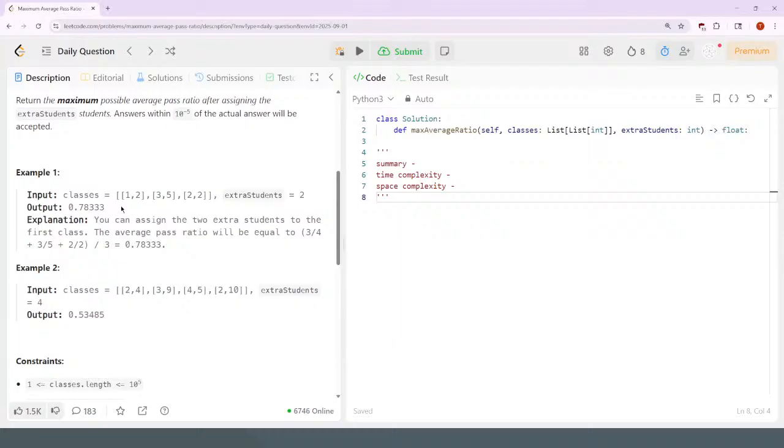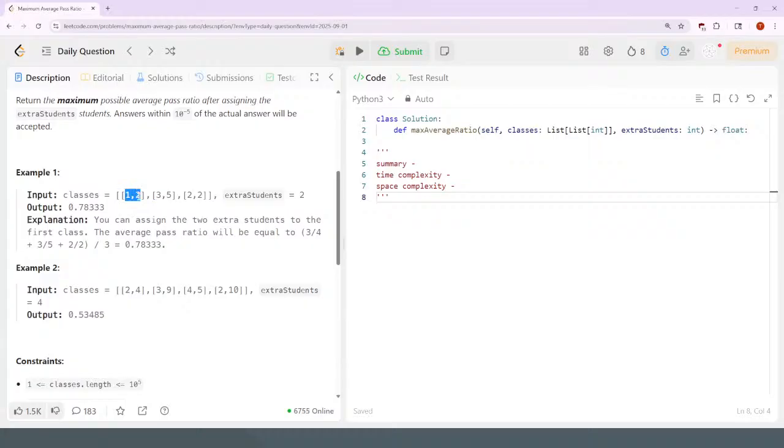Okay, so classes are [1,2], [3,5], [2,2], extra students are 2. So this is 50%, this is 3/5, 60%, and this is 100%. So it doesn't make sense to assign students here. I assume you want to assign it here.